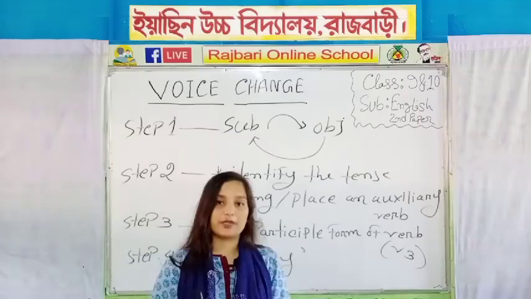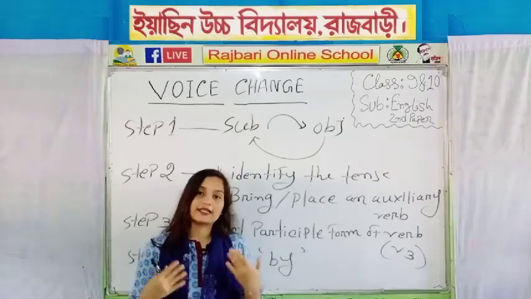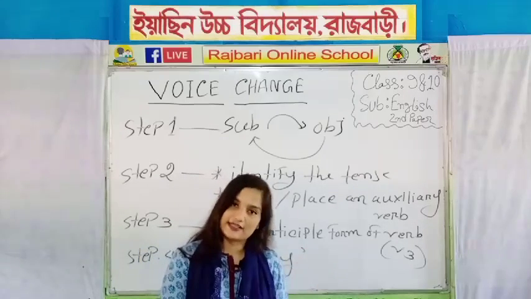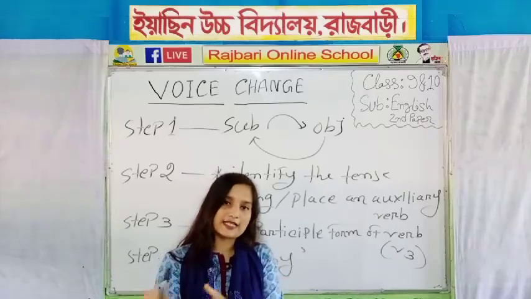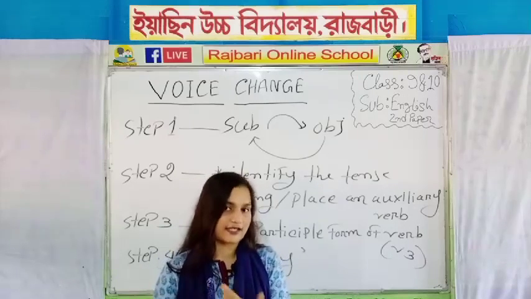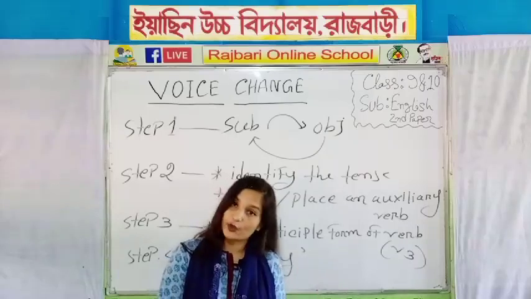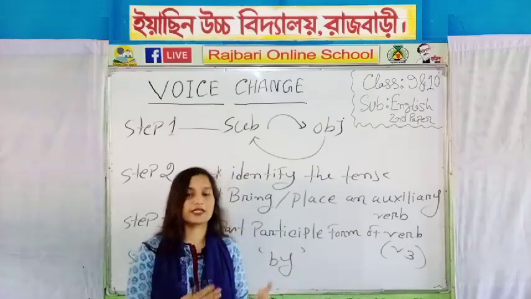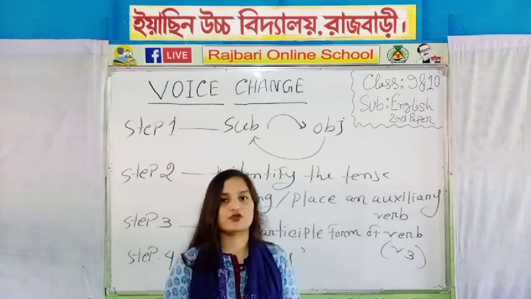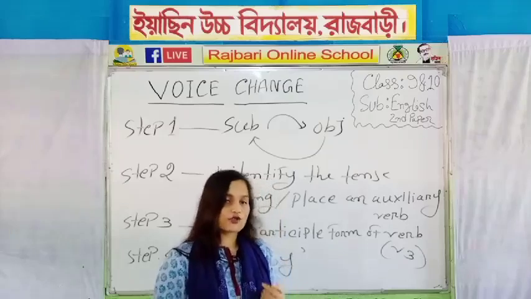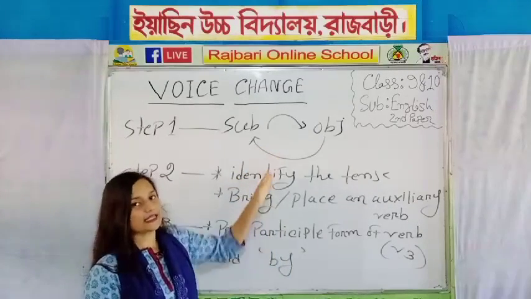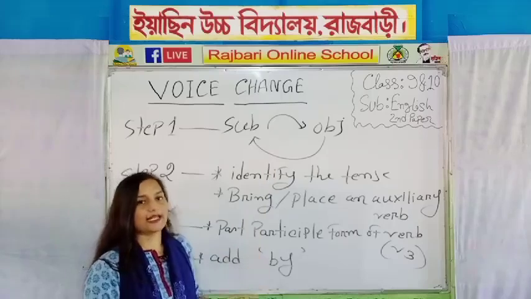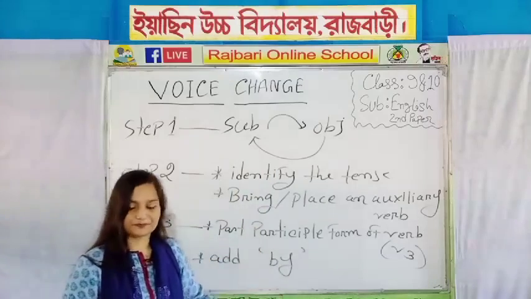You have to be very clear about both active and passive voice, because in the exam some sentences will be given in active voice and you have to make them passive, and some will be given in passive voice and you have to make them active. So this is the rule for making any passive voice, and active voice is just the vice versa.